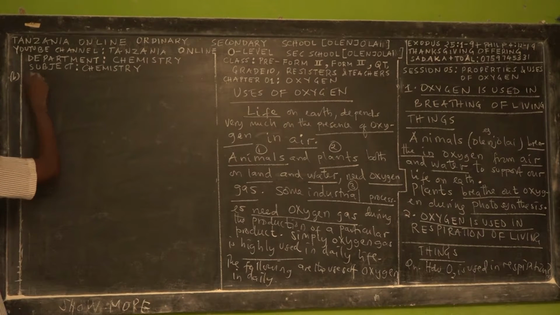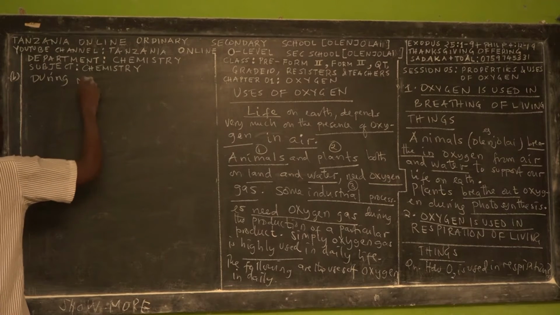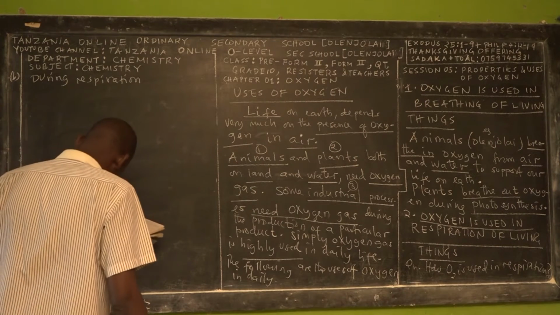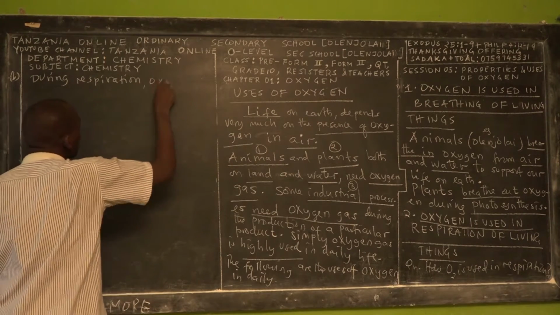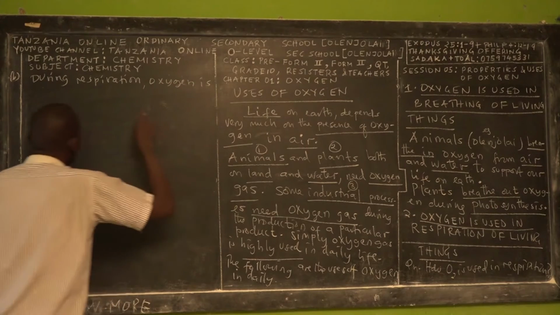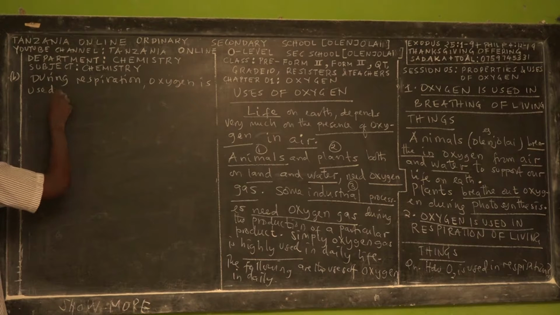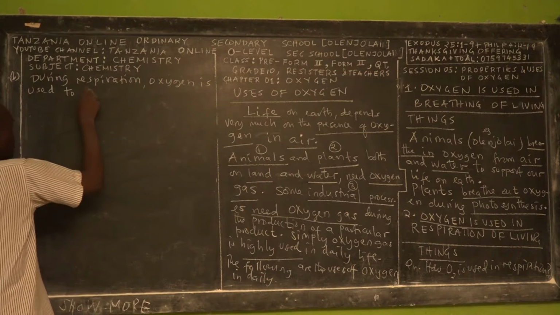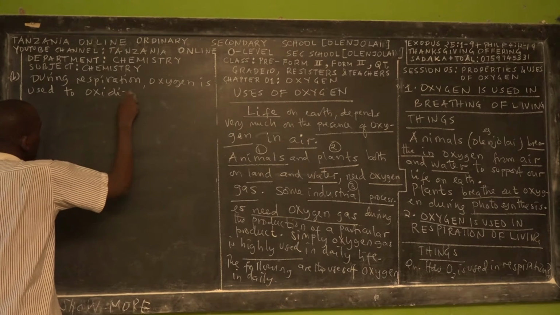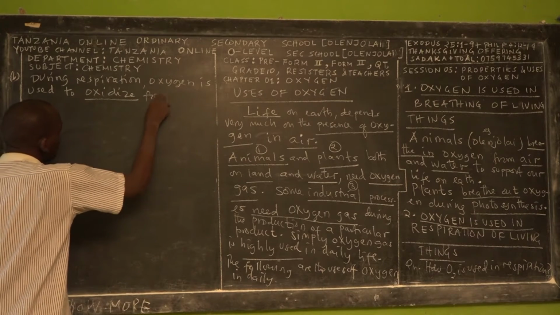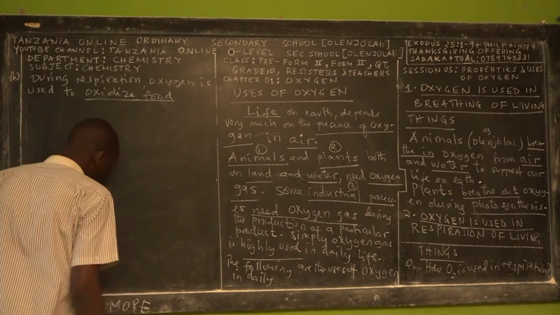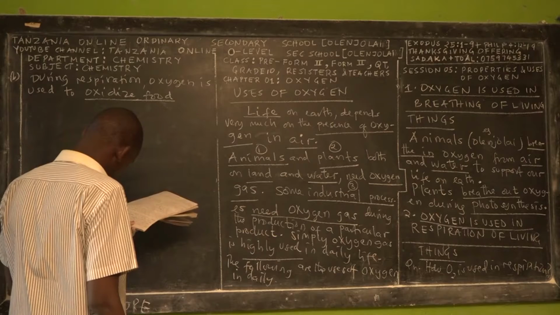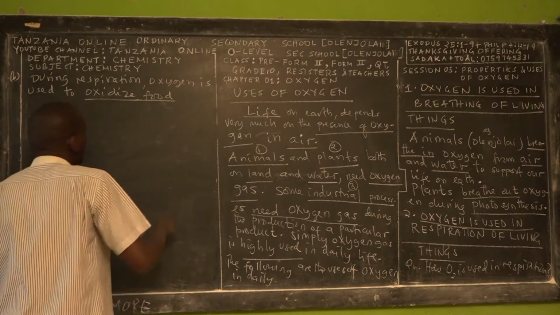So you have a sentence: during respiration, oxygen is used to oxidize food to produce energy, carbon dioxide, and water vapor.